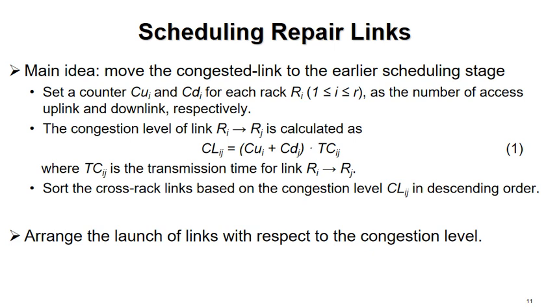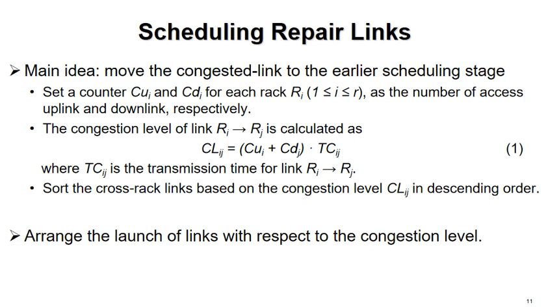We set counters CUi and CDi for each rack Ri as the number of uplinks and downlinks respectively. These two parameters reflect the congestion level of the rack. Then, the congestion level of the link Ri to Rj is calculated accordingly.